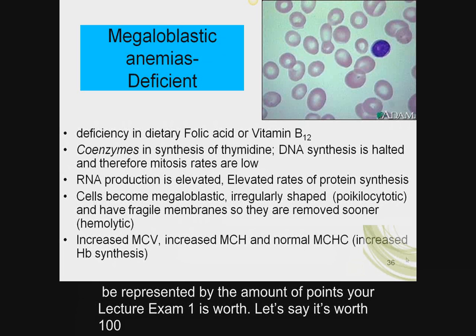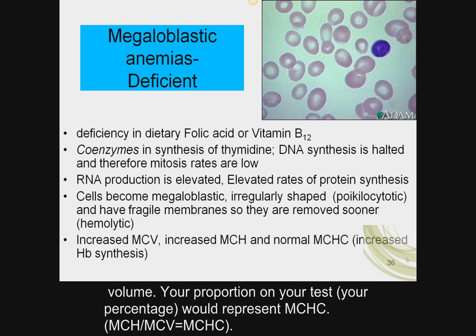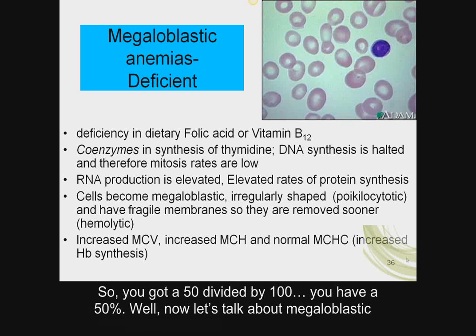MCHC is a reflection of MCH divided by MCV. It's a proportion of solute hemoglobin to volume. Your proportion on your test, your percentage, would represent MCHC. So MCH divided by MCV equals MCHC. So you got a 50, it's divided by 100, you would have a 50%.